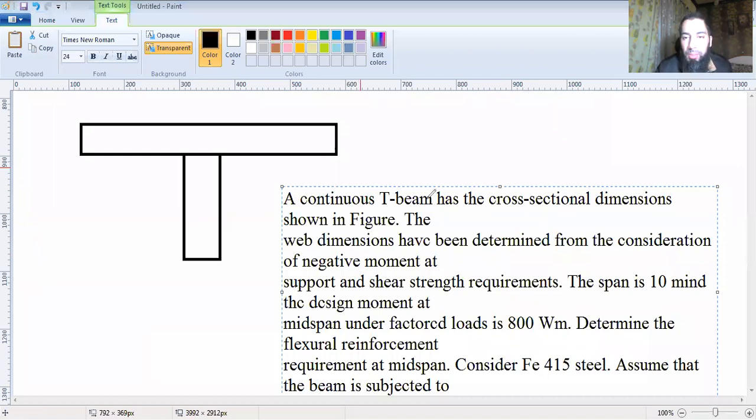A continuous T-beam has a cross-sectional dimension shown in this figure. The web dimensions have been determined from the consideration of negative moment at the support and the shear strength requirements. The span is 10 meter.